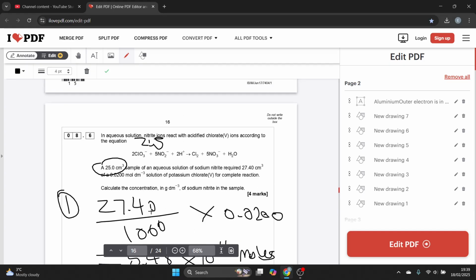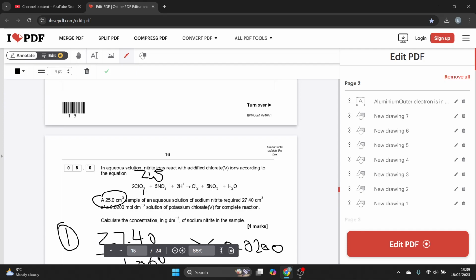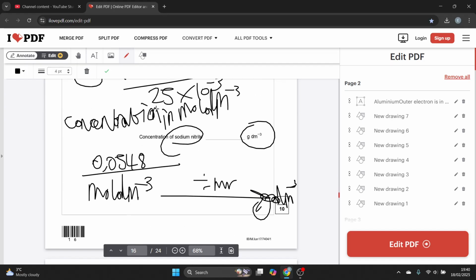I've got NO2 minus, oh right, because sodium nitrite, I've got sodium and nitrite ions. So this is going to be NaNO2. So then 0.0548 divided by the Mr of NaNO2, 23 plus N, 14 plus 16 plus 16. And then I get 7.94.